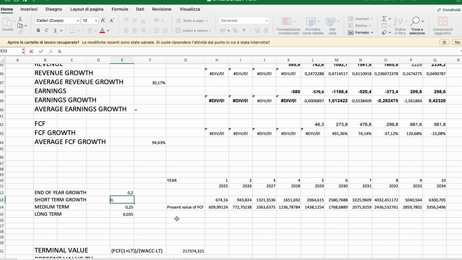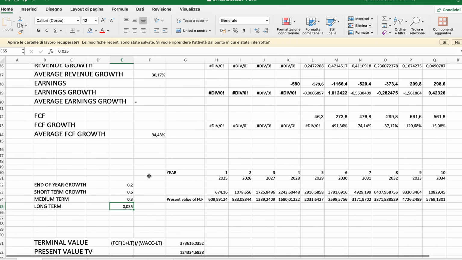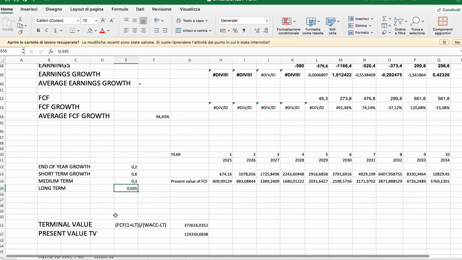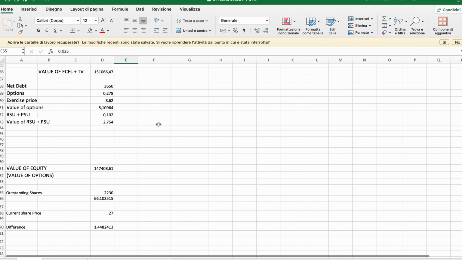If we say that, for example, in the short run it grows by 60%, and in the medium term it grows by 30%, we can see that the valuation is almost more than double the current share price. So I have stayed extremely conservative before, but if we take these assumptions, it would make the value of Palantir extremely higher than this.